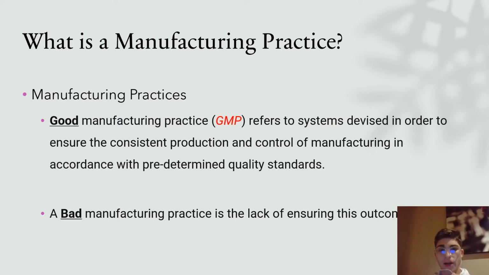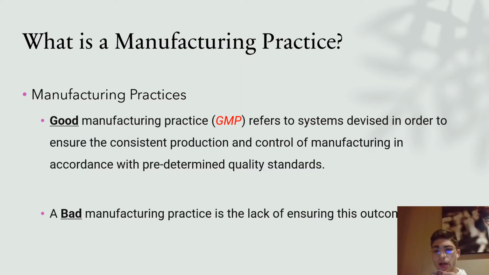So what is a manufacturing practice? Well, good manufacturing practices, also commonly referred to as GMPs, refers to systems devised in order to ensure consistent production and control manufacturing in accordance with predetermined quality standards. So what does that mean?